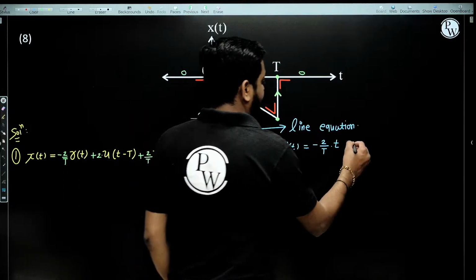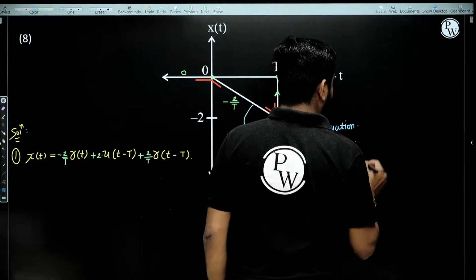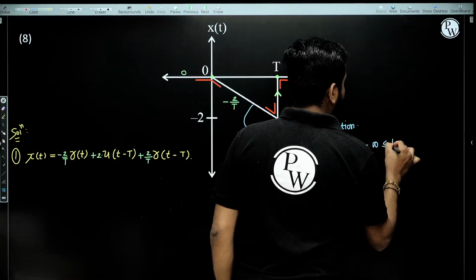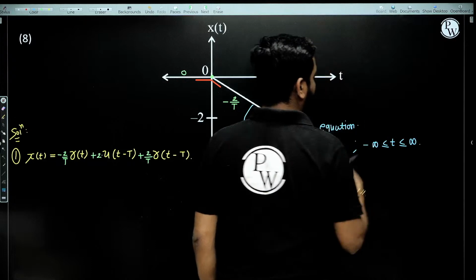This is the line equation for all t, minus infinity less than or equal to t less than or equal to plus infinity.